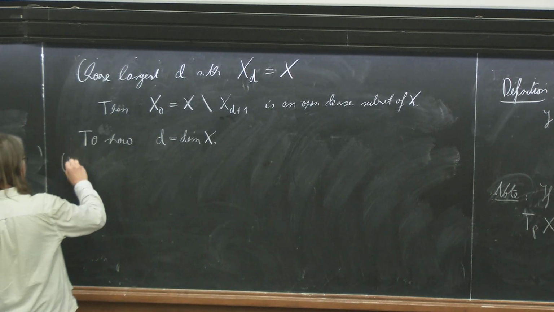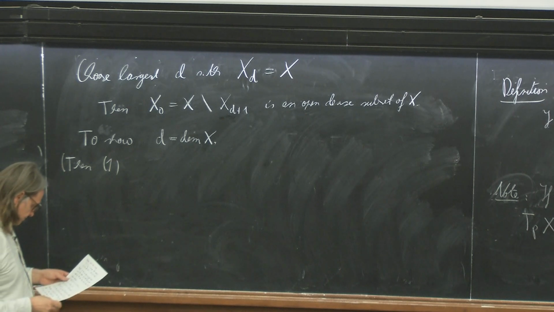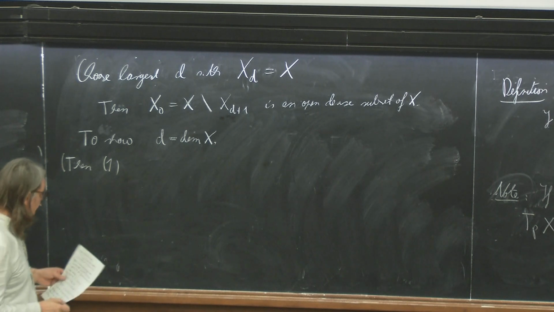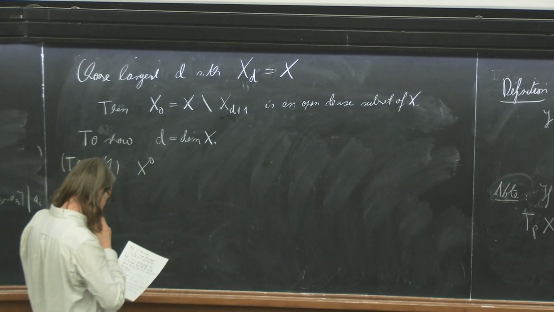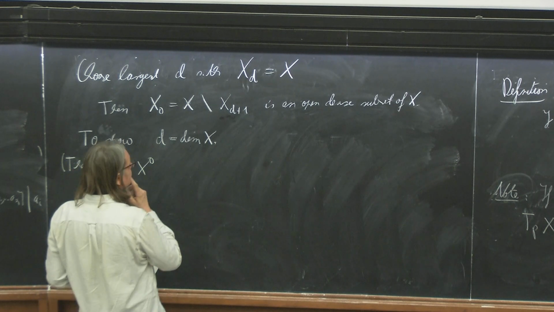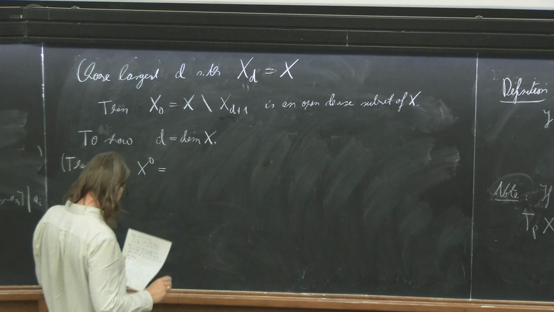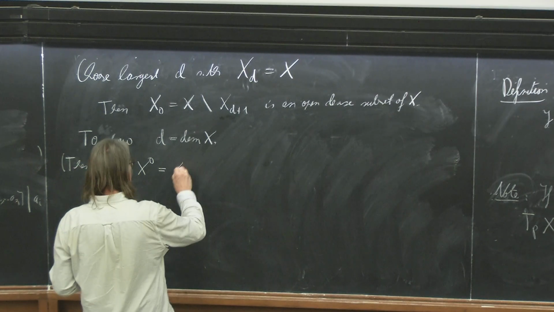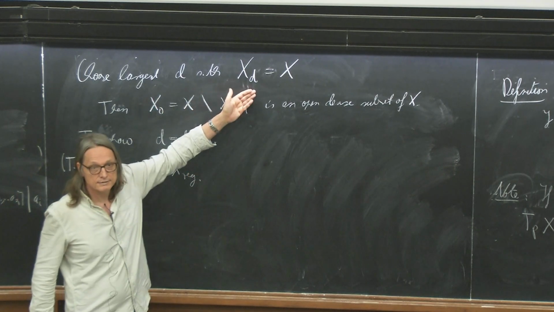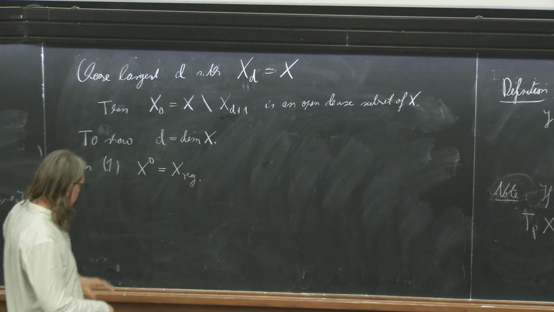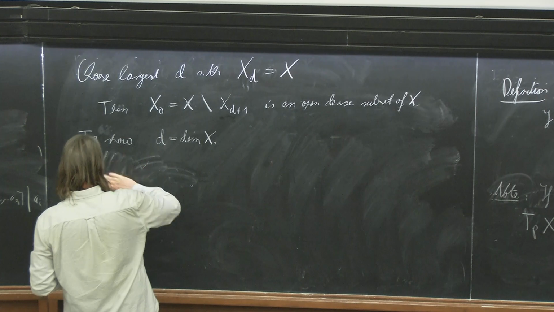Because then, first, we have that X_0 will be equal to X_reg, so the regular locus, because d is the dimension of X. And maybe I can do it in the other order.